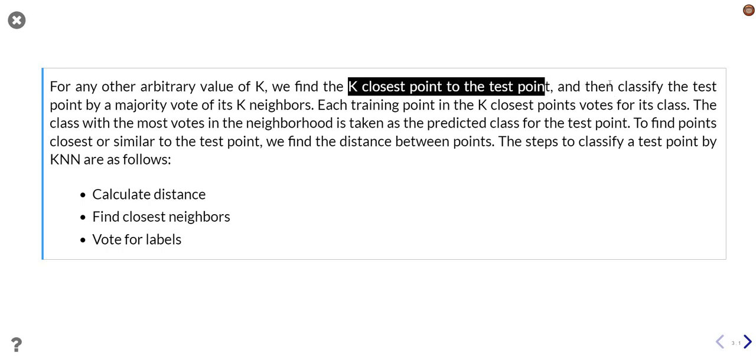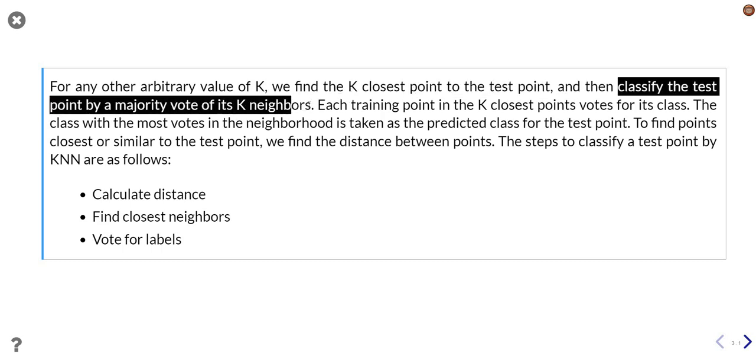Using the number K, it will classify the test point by majority vote of its K neighbors. So let's say you choose K is 3, and you see out of these 3 neighbors, which class has the majority of votes. Based on the majority vote, the new point will be classified. So this is how K nearest neighbor works.